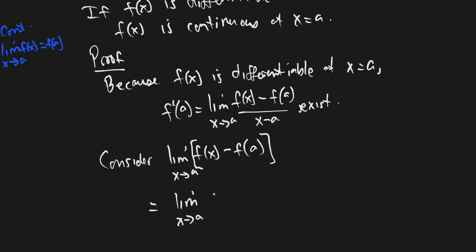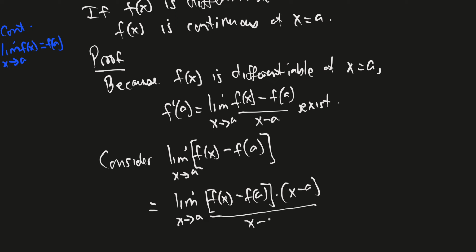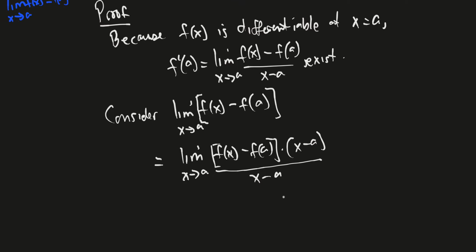So it will look like this. f of x minus f of a, then I'll have times x minus a there. And then in the bottom, x minus a, right? So I'm taking this expression and I'm multiplying the top and the bottom by x minus a.